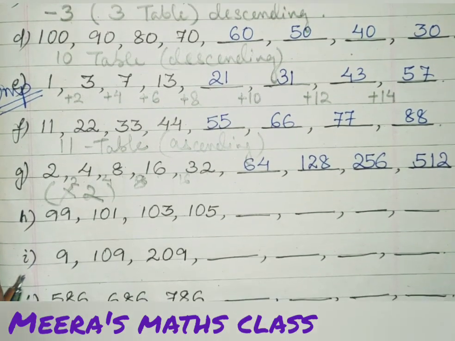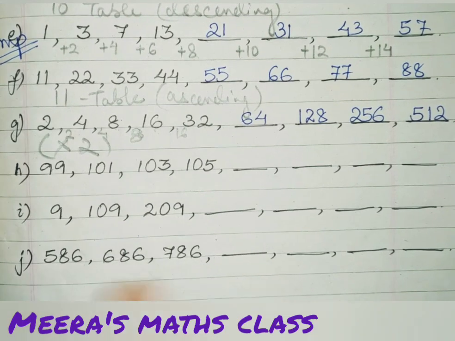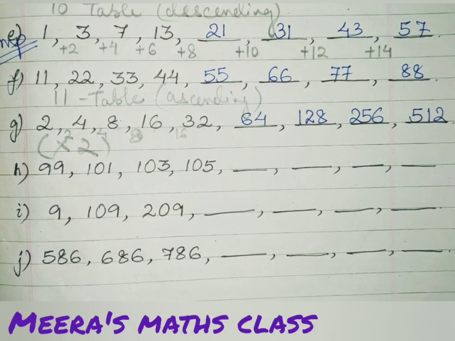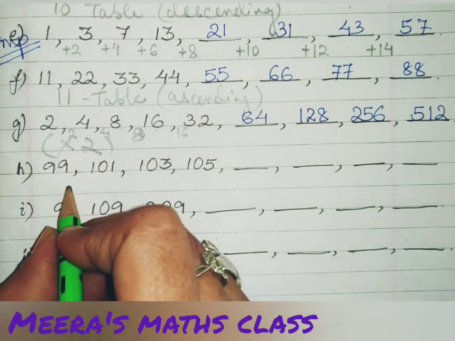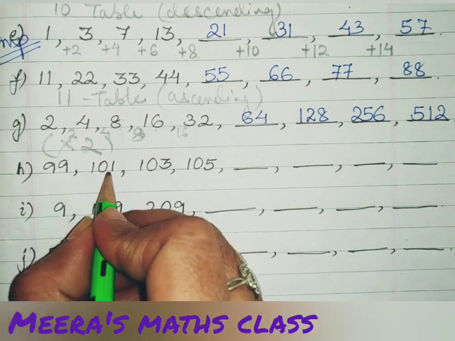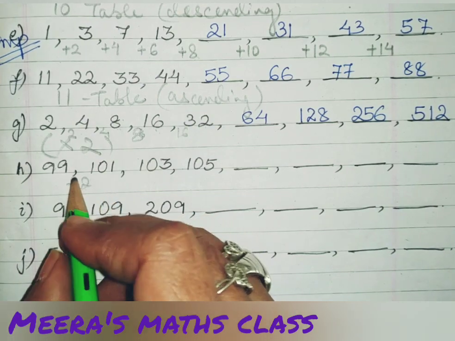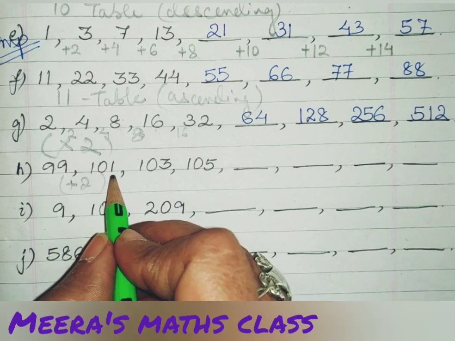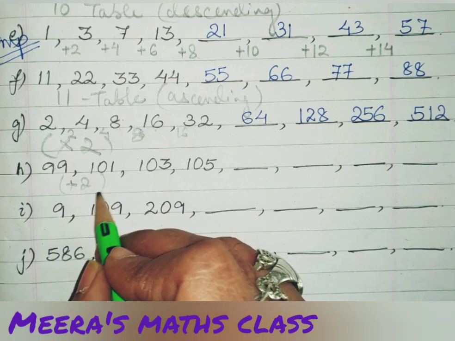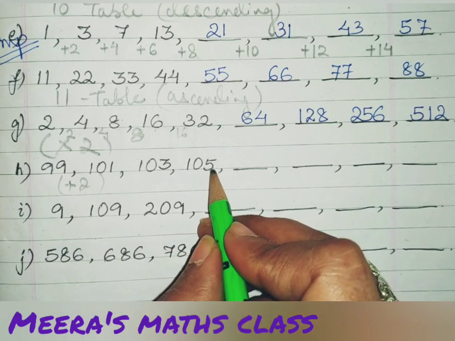Let's move to H. Okay. Now, what is this? 99, 101, 103, 105. Here you see the difference is plus 2. 99 plus 2 is 101. 101 plus 2, 103. 103 plus 2, 105.